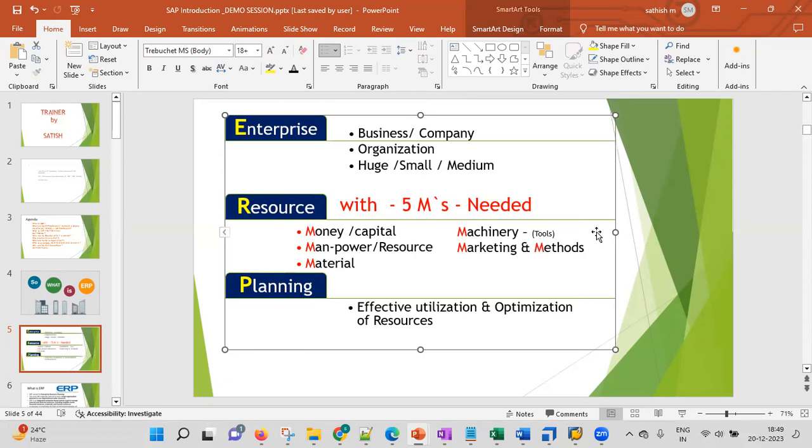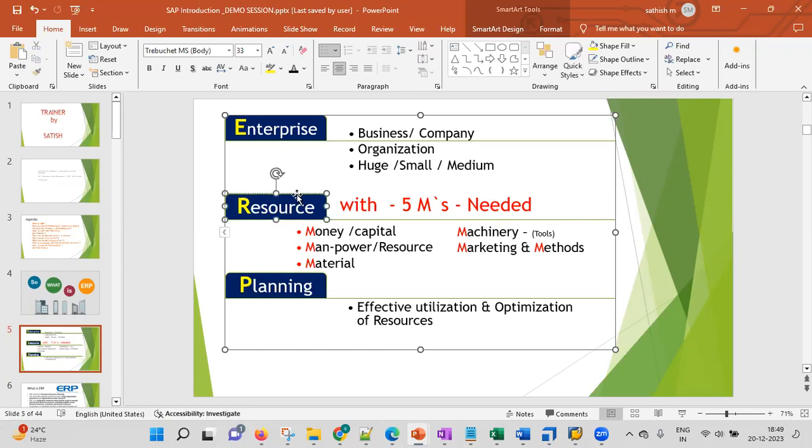You can run an institute, a paper business, manufacturing of pens, plastic, or detergents. You are doing a small business with a small machine. MSME, the same way.